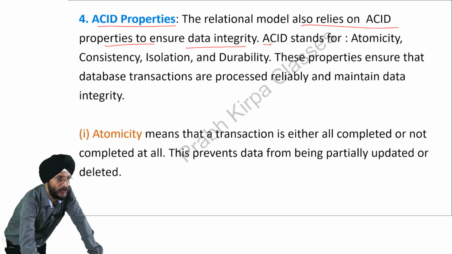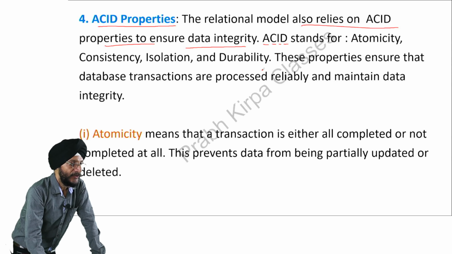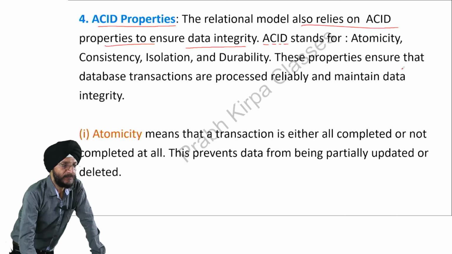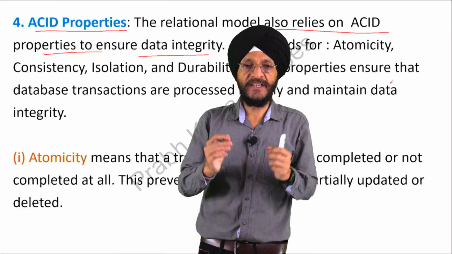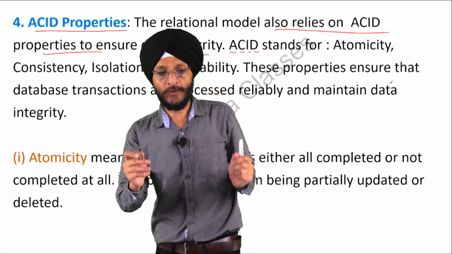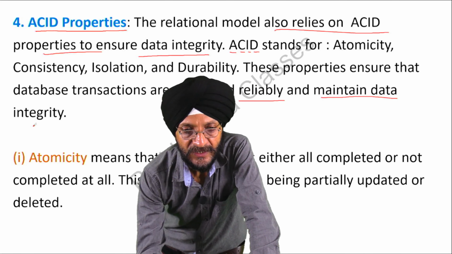Here A stands for atomicity, C stands for consistency, I stands for isolation, and D stands for durability. These four properties ensure that the database transactions are processed reliably and maintain data integrity.